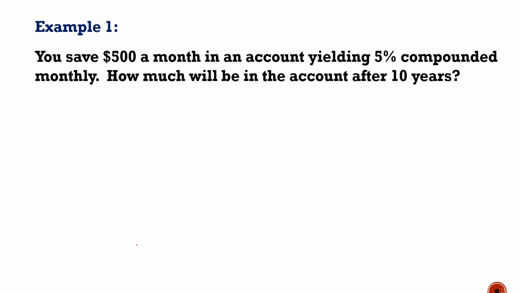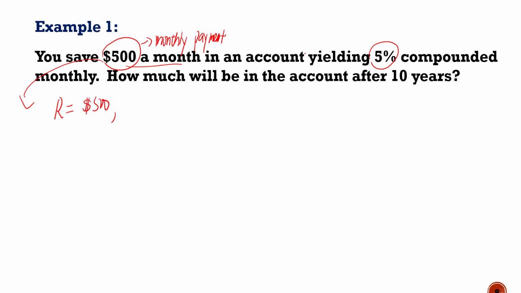Okay. Now for example one: you save $500 a month in an account yielding 5%. Saving $500 is a regular payment, a monthly payment of $500. So we have R, the regular payment or PMT, equal to $500.